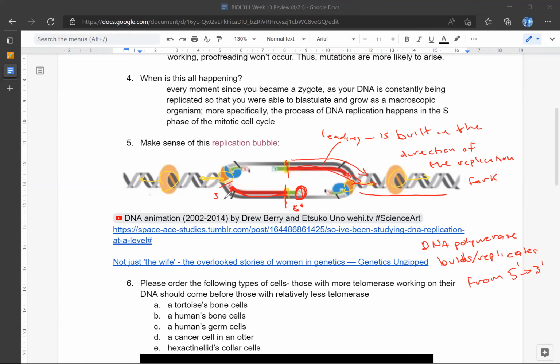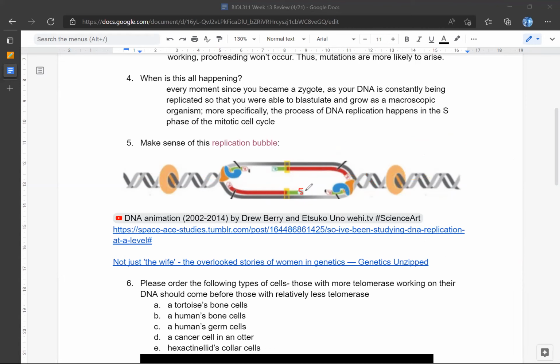And if we have the 5 and 3 prime of our, I'm going to make this a lot less messy, sorry. And because we know this is the 5 prime end and this is the 3 prime end of our complementary strand, what do we know about the direction of the template strand?